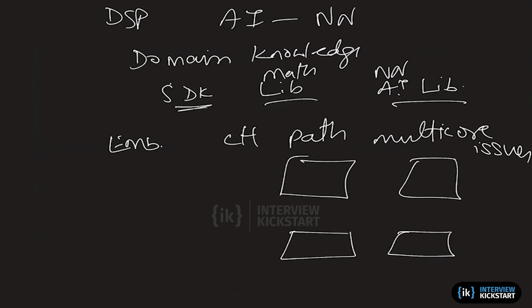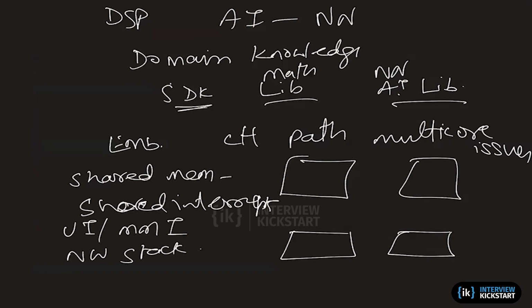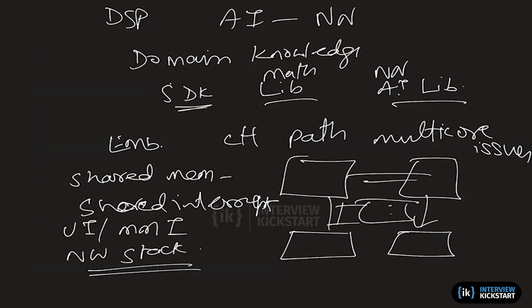For example, shared memory issues, and shared interrupt systems. Interrupts, how will you handle them? And then user interface or MMI, network stack, maybe your control function. These are the things that will require data at the right time. What are the data paths available, etc.